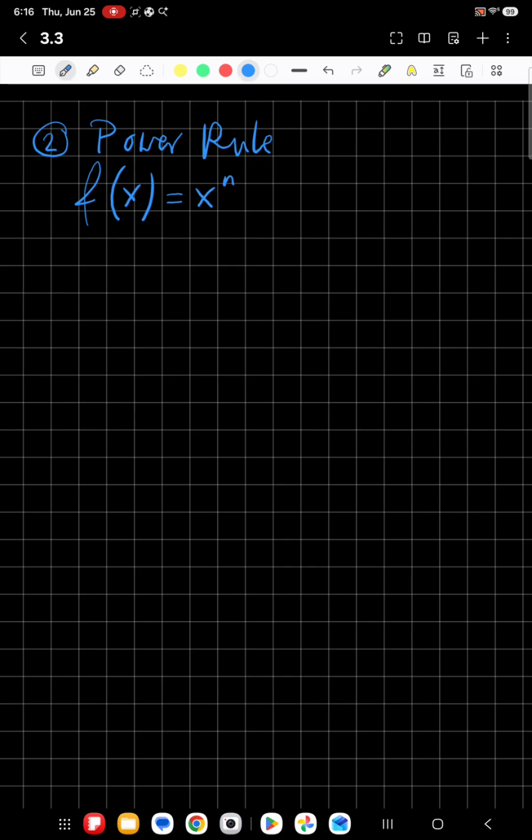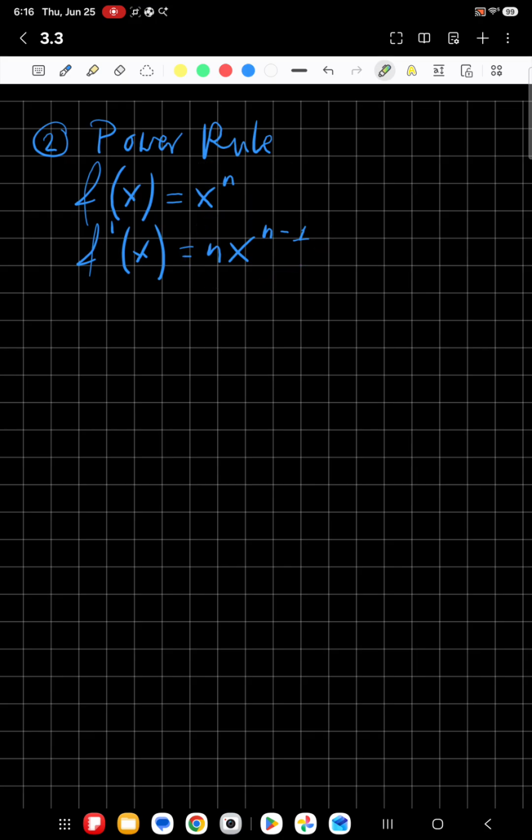That n doesn't have to be a positive integer; it could be a fraction, but basically it has to be a real number. So f prime of x equals n x to the n minus 1. The n comes to the front, and then it's x to n minus 1. As I was saying, this went to the front, and then I subtracted 1, and we see it here.